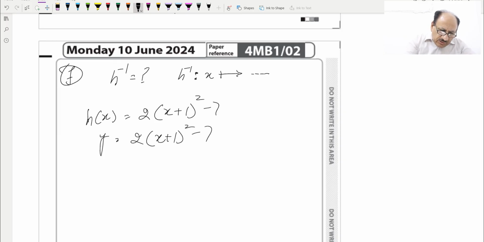Then we have to make x the subject, and to make x the subject, first we will shift 7. So y plus 7 is equal to 2 into x plus 1 square.